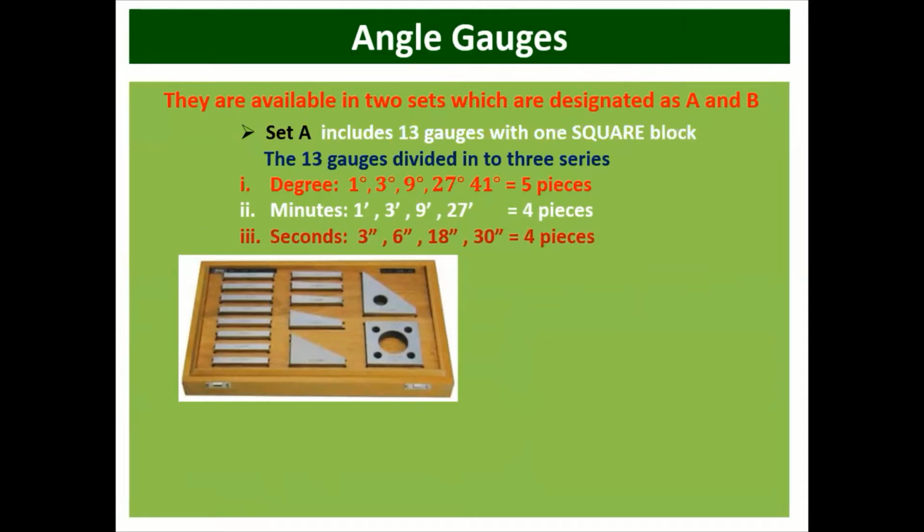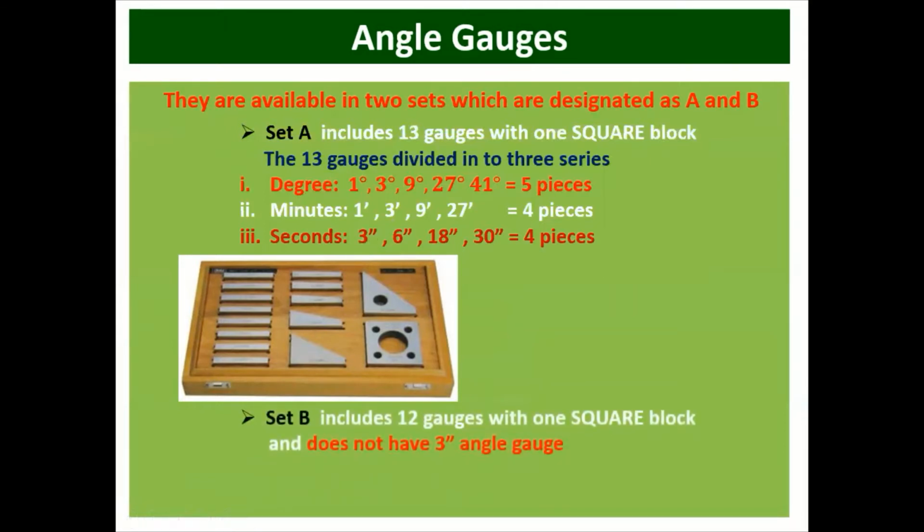And then last, in seconds, are 3 seconds, 6 seconds, 18 seconds and 30 seconds. So here there are 4 pieces. If you make different combinations of these degrees, minutes and seconds, we can develop accuracy basically up to 3 seconds, in set A.